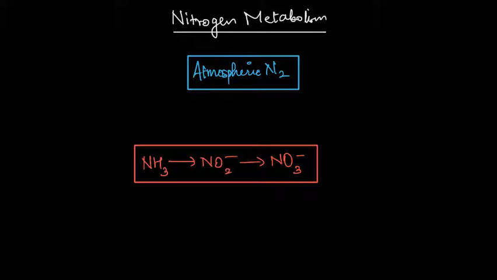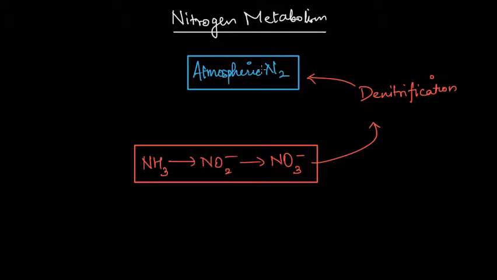So now we know that ammonia converts into nitrites and then it converts into nitrates and it gets converted back to the atmospheric nitrogen by some process, and that process is known as denitrification. So the denitrification is simply conversion of nitrates back into atmospheric nitrogen.